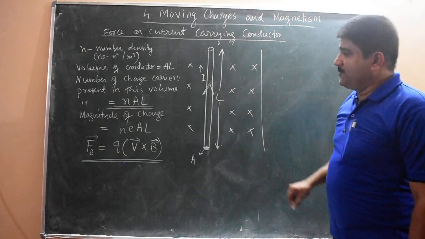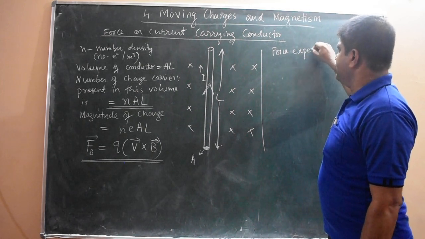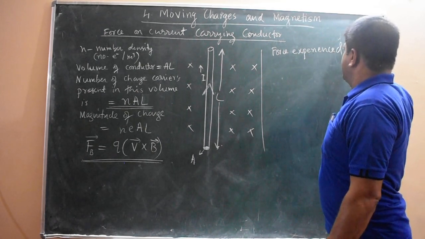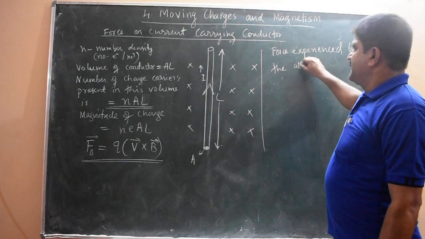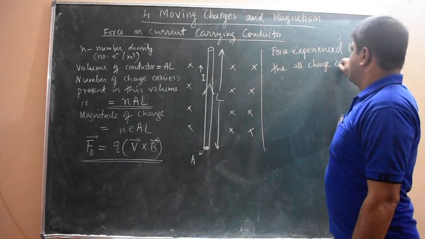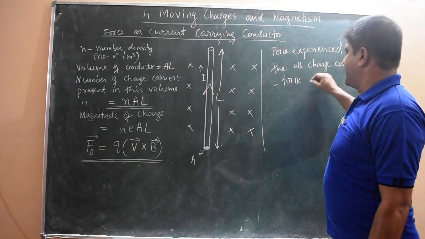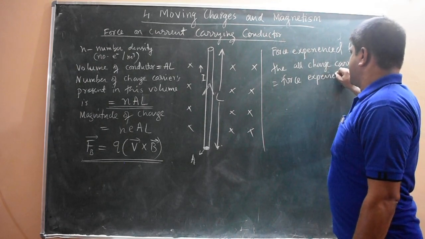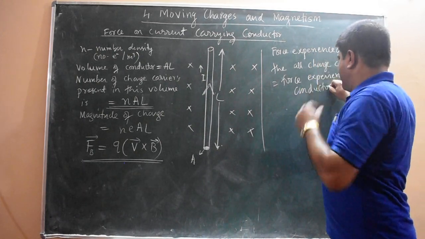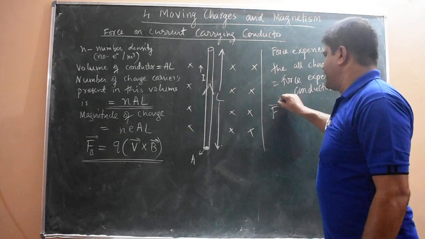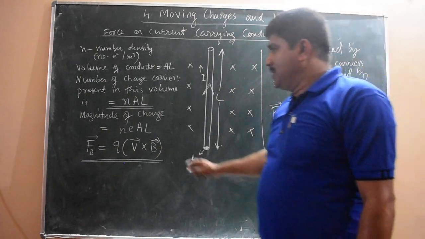Now the force experienced by all the charge carriers present in the conductor is equal to the force experienced by the conductor. So you can write F vector, or F_B, equal to the magnitude of charge.